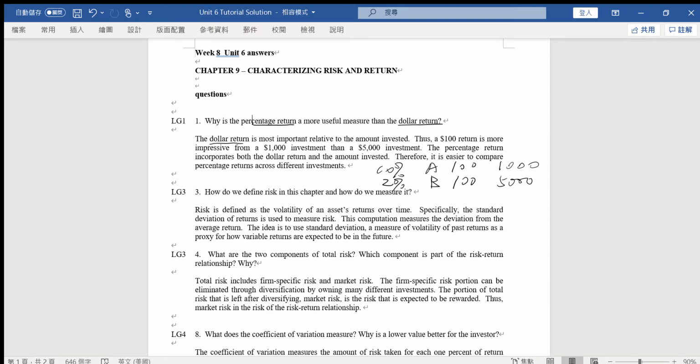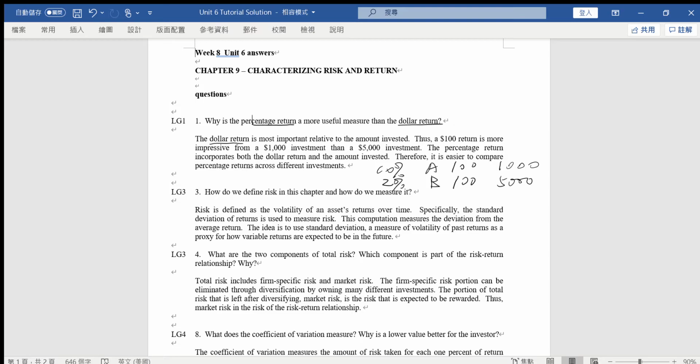That's why we can compare them. A's percentage return is much higher than B's. It gives you a better result, and that's why the percentage return is easier to compare and gives you a better understanding.